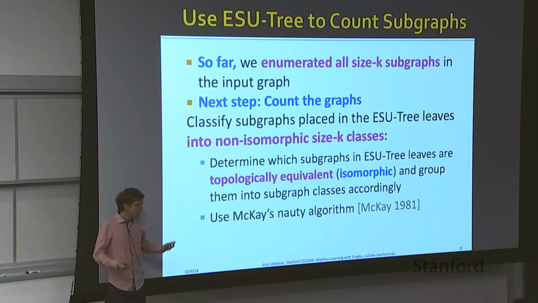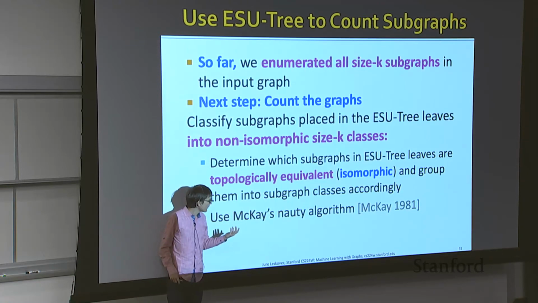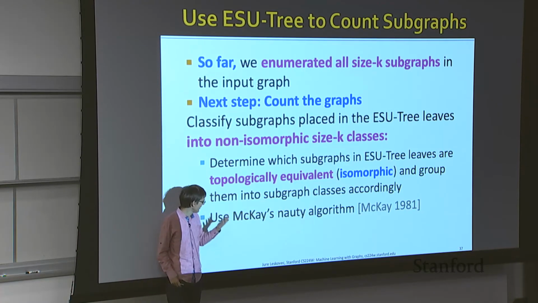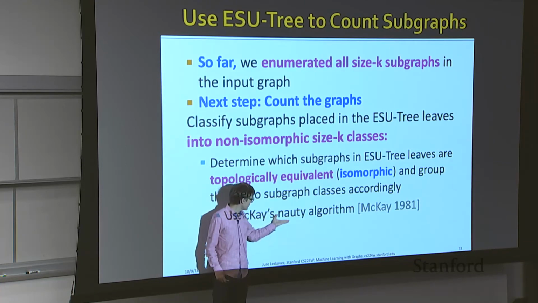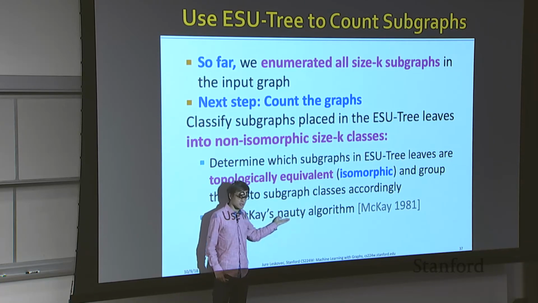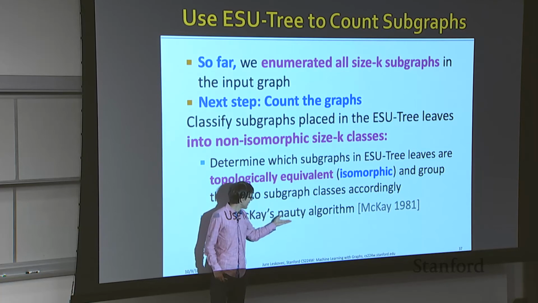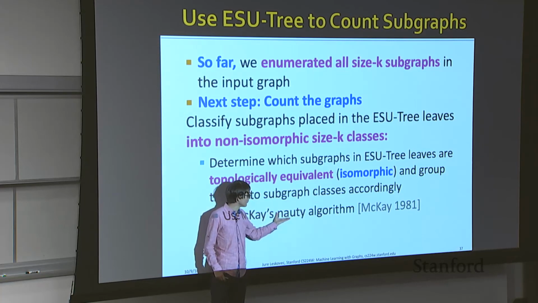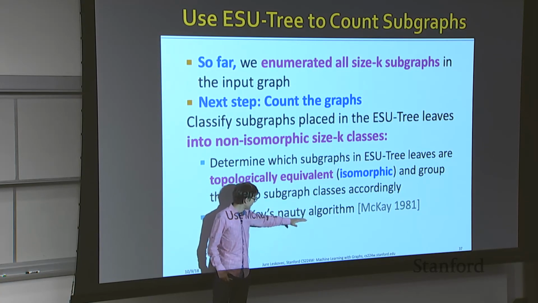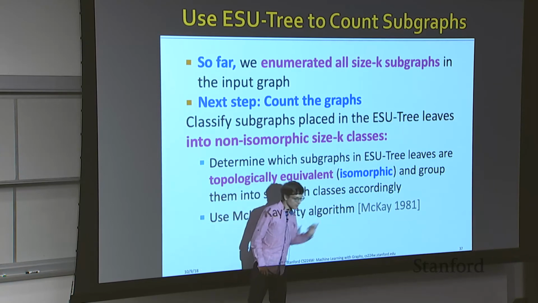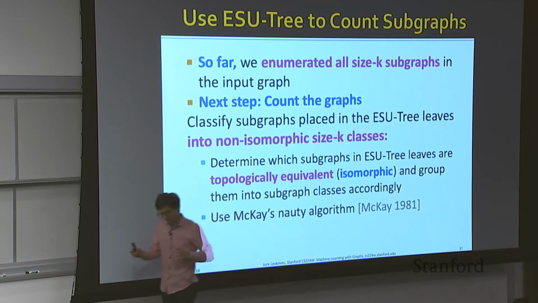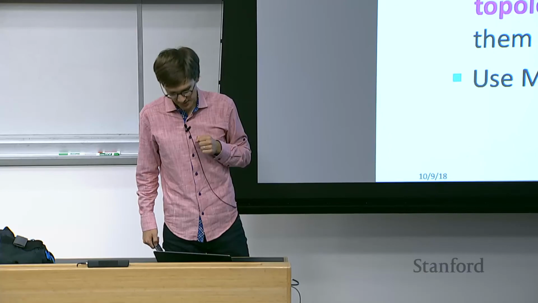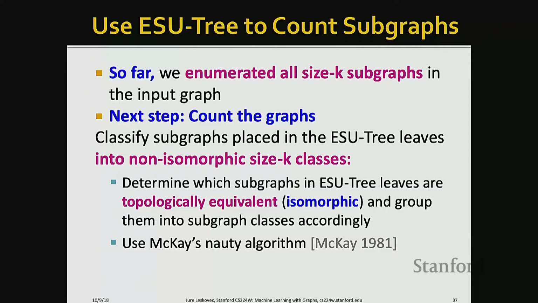There are many different algorithms to do that. One very famous and still very fast one is an algorithm called NAUTY. I will just show you how you would in principle do that. You use this algorithm from the 80s because it's full of really good heuristics to speed this up. But just to define what subgraph isomorphism is, sorry, you had a question.